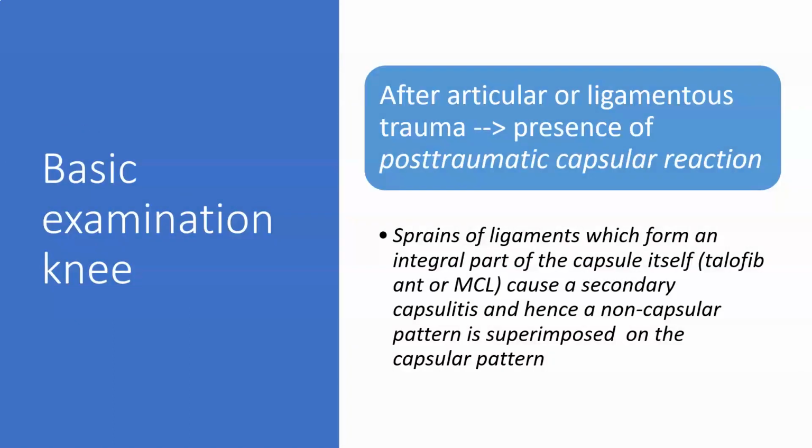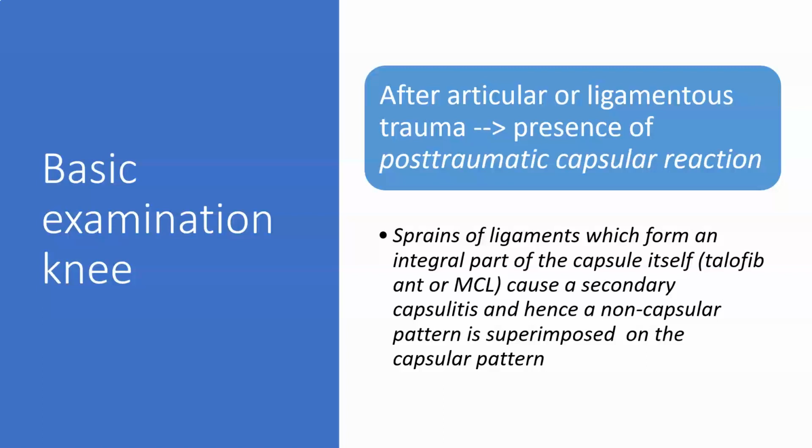And then there's another important detail. After articular or ligamentous traumas, in the knee there is a kind of post-traumatic capsular reaction that becomes dominant. So in other words, you will see the image of a kind of arthritis.